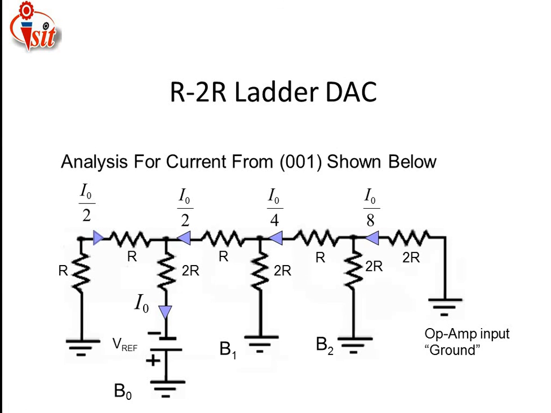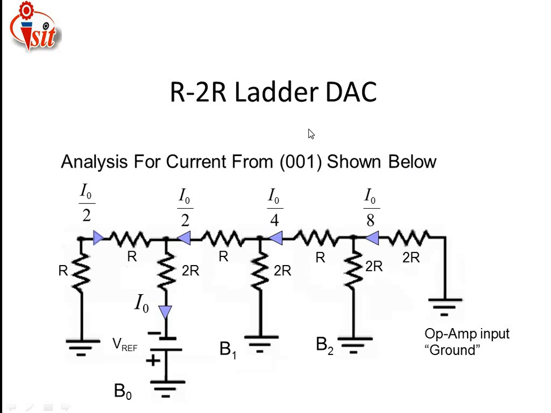Then the R-2R ladder DAC analysis for the current, for input 001, is shown below. That means here, using the R-2R ladder circuit, we are applying the 001 input signal.